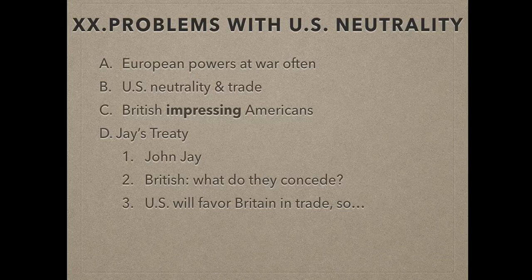Okay, so the U.S. will favor Britain in trade, which means that the U.S. is favoring Britain over France. So it seems to many Americans, as well as the French, that the United States is sort of turning its back on France and aligning itself with Britain.